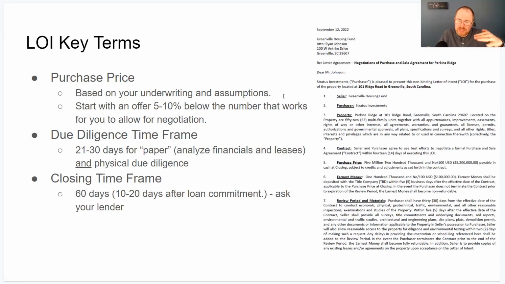Your purchase price is going to be based on what kind of returns you want to achieve on a particular deal. And I wrote that there. It's a very common thing: you want to make an offer that's 5-10% below the number that works for you. Some people do this, some don't. I don't think there's a good or bad way of doing it.